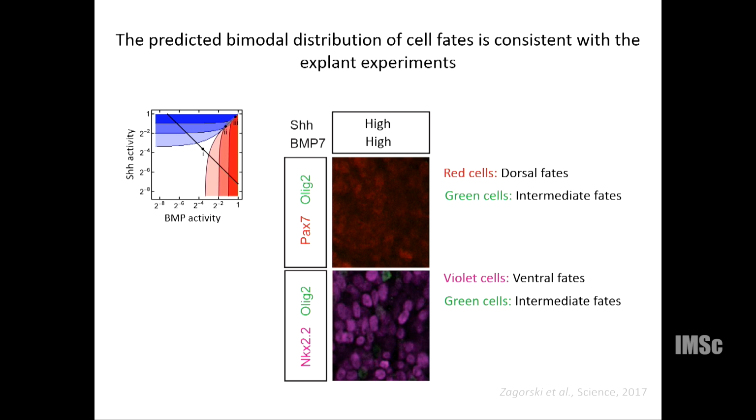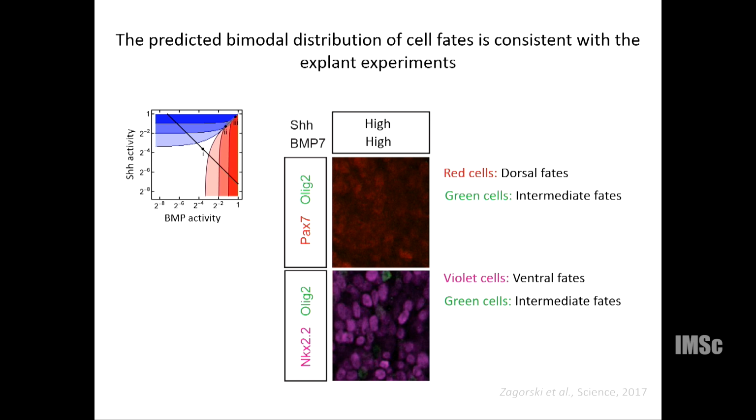And that's what we observed. So how do you see it? This is chick explant tissue from the neural tube that was exposed to high concentration of BMP and high concentration of Sonic hedgehog, and there are different markers here. Red cells mean dorsal fates, green cells mean intermediate, and violet cells mean ventral fates. But the thing is, you don't see green cells either here or here. I don't have one with the two of them together, but they cannot also be expressed in the same cell.